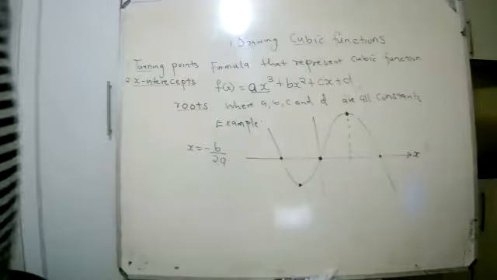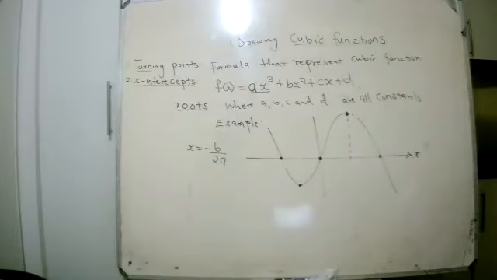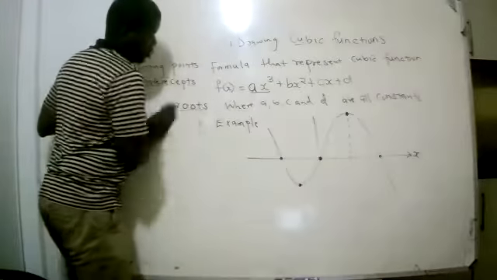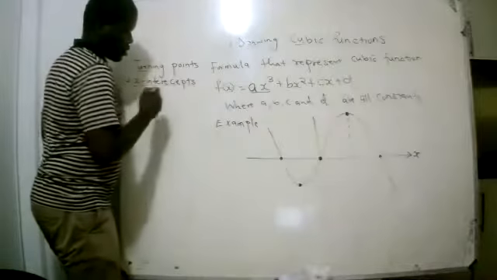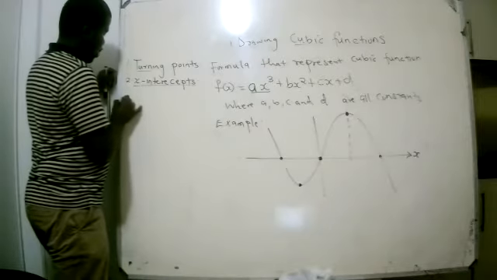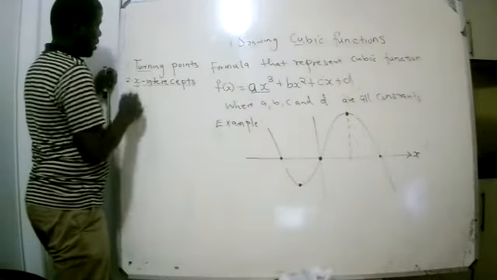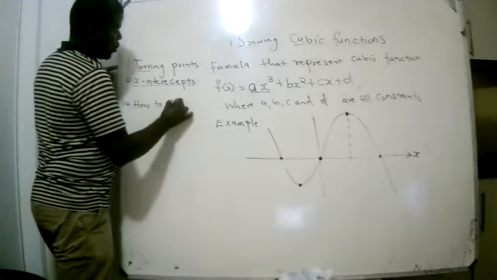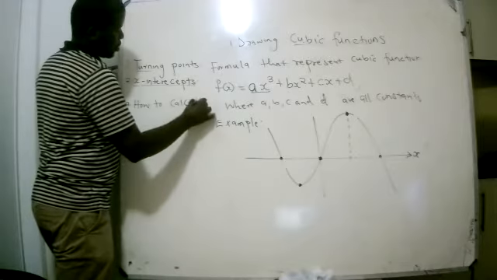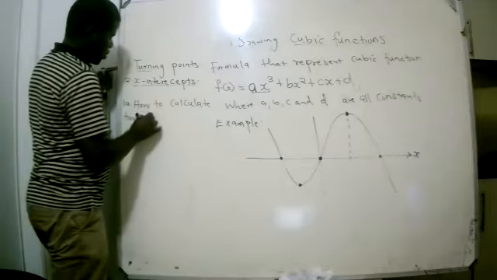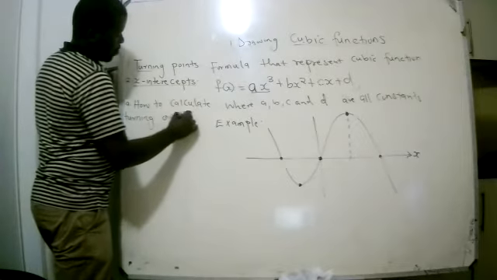Now I would like to tell you how you calculate the turning point for the cubic function, which I'm going to write here on the board. It's 1a, because we are discussing the turning point here: how to calculate the turning point of a cubic graph.